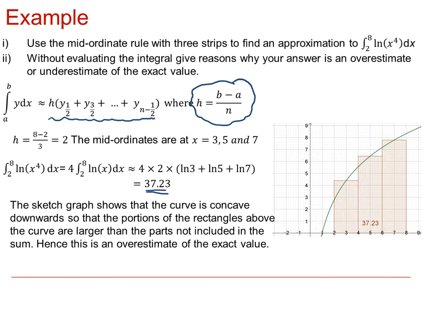A sketch graph shows that it is concave downwards, so it looks like this, and therefore we can say that the portion of the rectangles above the curve are larger than the missing pieces which are below. So this portion here is larger than this piece here, and therefore this must be an overestimate of the exact value.